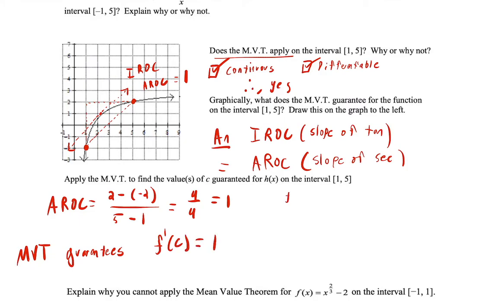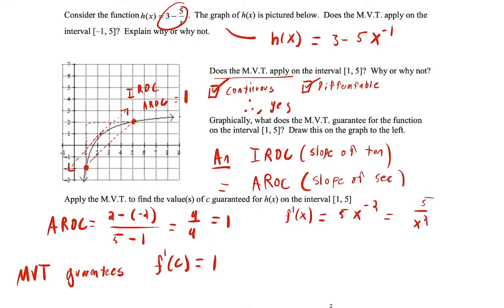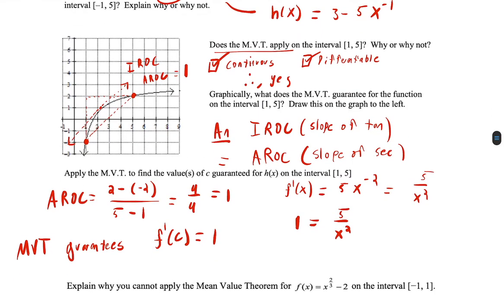And so for f prime of x, if we just do a little bit of derivative here, f of x is equal to 3 minus 5x to the negative first. I like to do that first. So now we can say the derivative f prime of x is 5x to the negative second, using the power rule, is equal to 5 over x squared. And so what the mean value theorem tells us is that this derivative 1 will be equal to 5 over x squared, at least at one point.